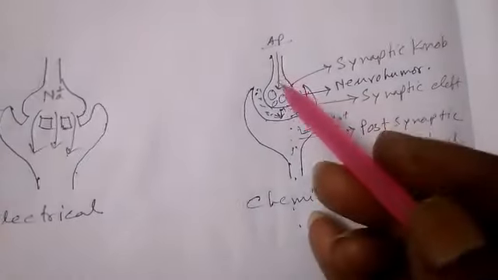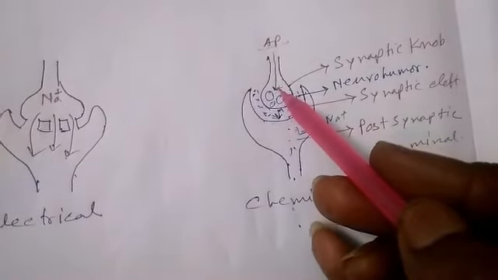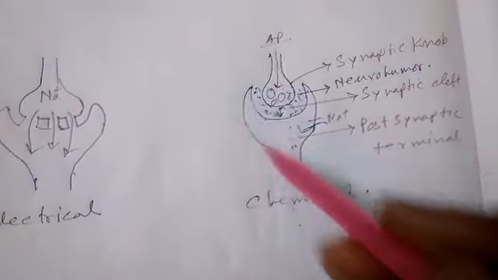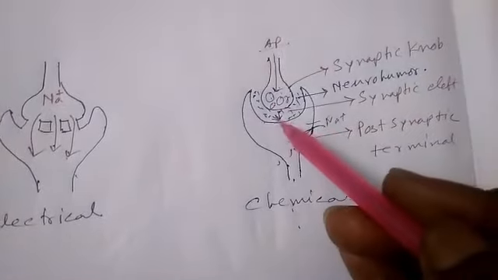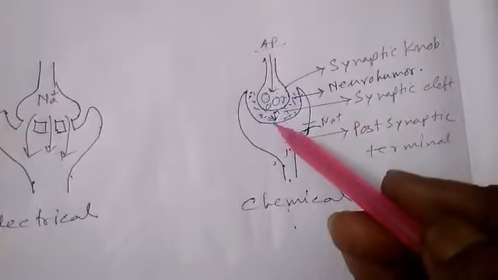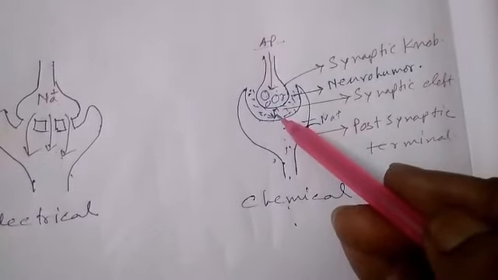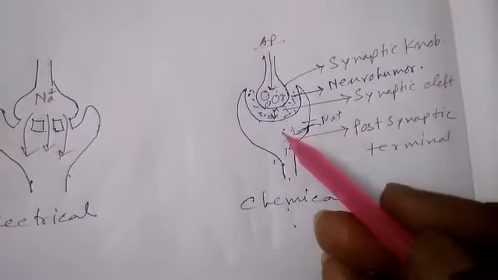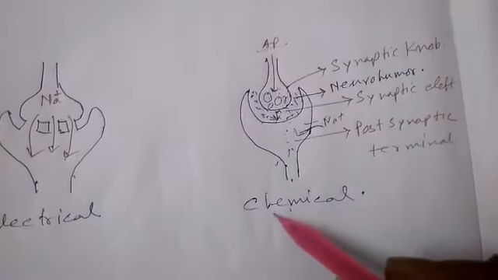That means the neural signal is transmitted from the previous neuron to the next neuron with the help of the release of some chemical substances from the presynaptic terminal. Hence, this type of synapse is known as chemical synapse.